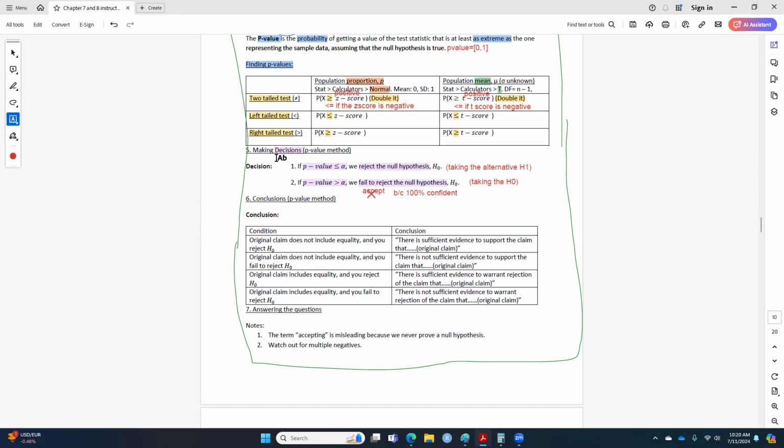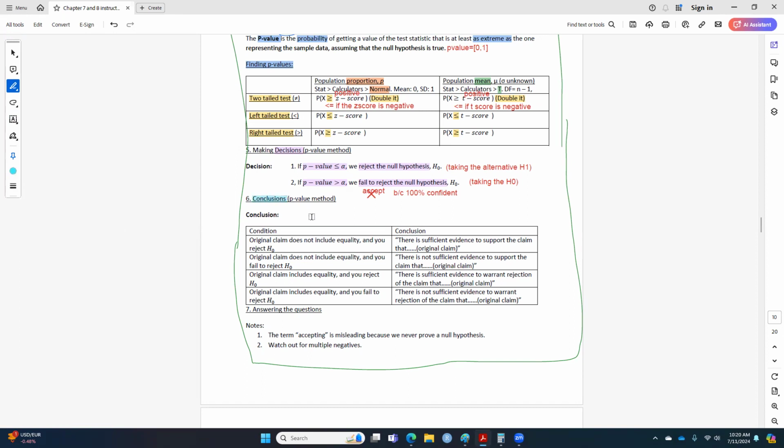So step number 5 is the decision. I'll just go through all these 7 steps so you guys will follow along. Step number 6 is the conclusion. Again, these are important.